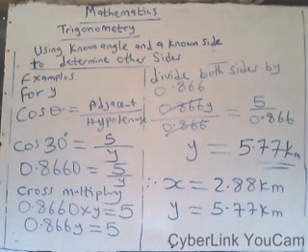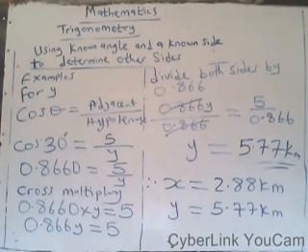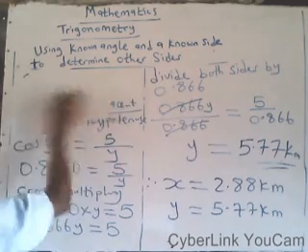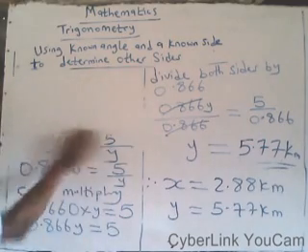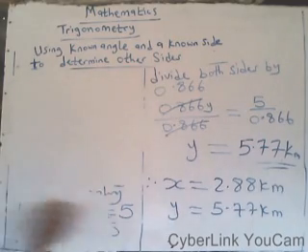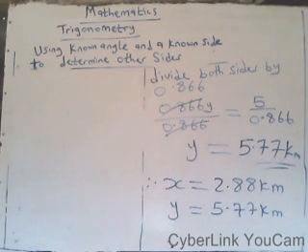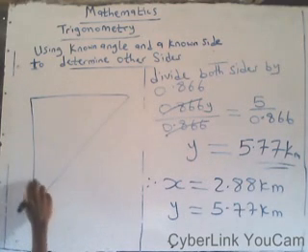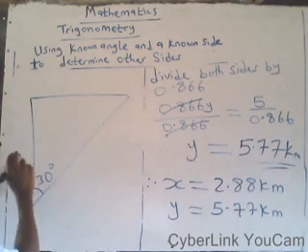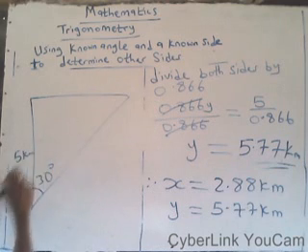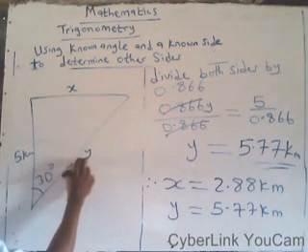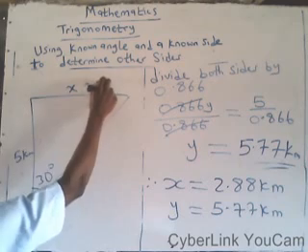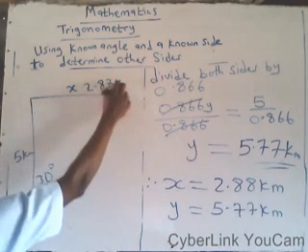What I'm trying to say in essence is that, taking for example the third example, this place they say is 30 degrees and they say this is 5 kilometers. The smallest side is x, and this is y. We have determined the value of x to be 2.88 kilometers.